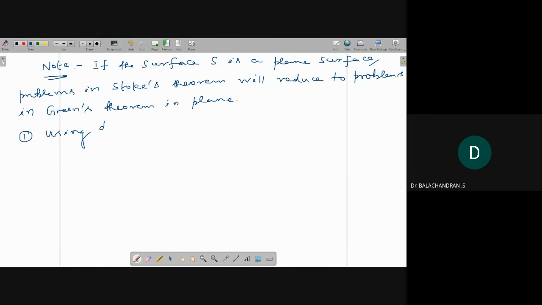Using divergence theorem, evaluate double integral over S del R square dot n cap into ds.